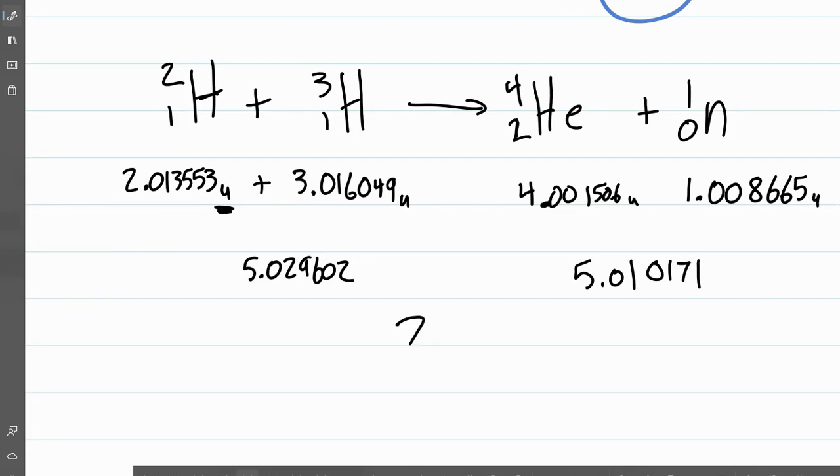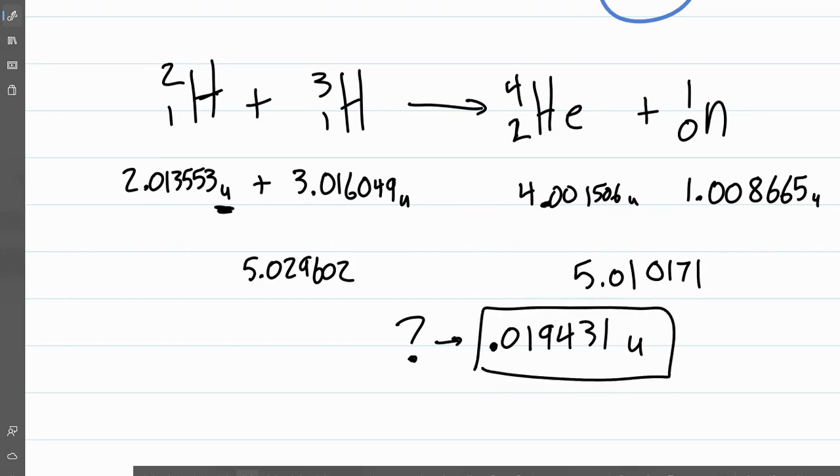So somewhere there was some mass lost, which is weird. And that mass lost is actually 0.019431 U's. But somewhere, this amount of mass just disappeared.